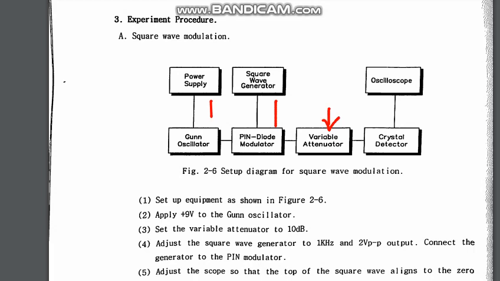There is a crystal detector to detect the microwave power, and what microwave frequency is running now we can detect by the crystal detector. Then we should connect it to the oscilloscope. So that is the equipment setup.